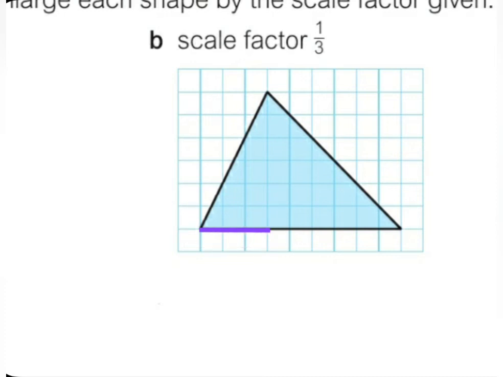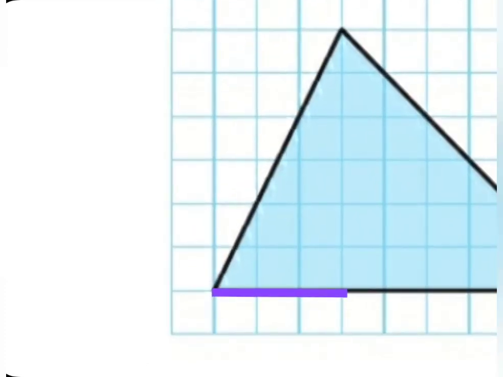Now let's take a look at this line here. How many centimeters or how many boxes? Let's count them. We have 1, 2, 3, 4, 5, 6. So we have 6 of them. Very good.